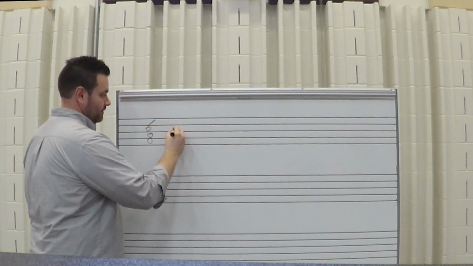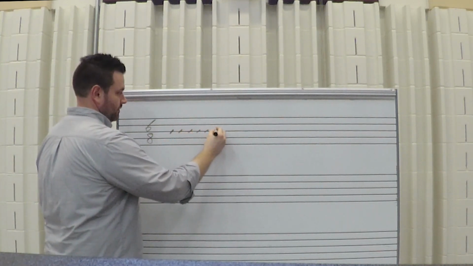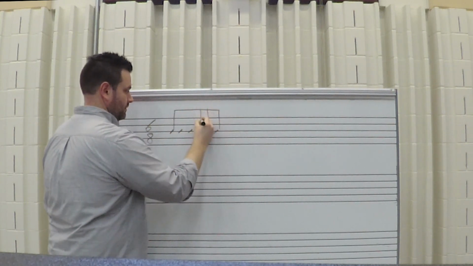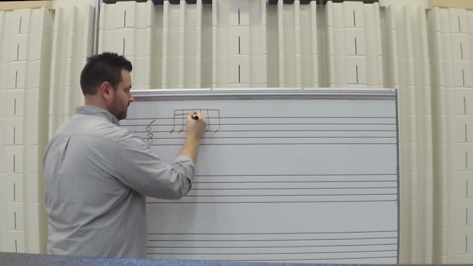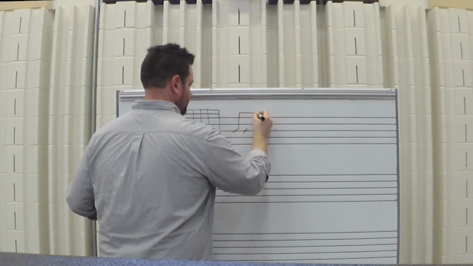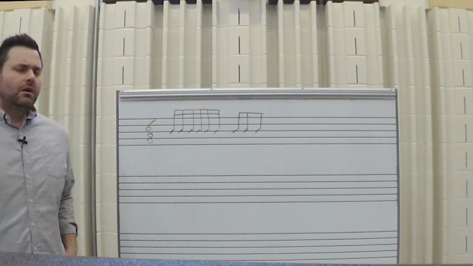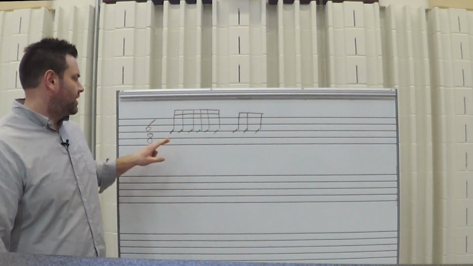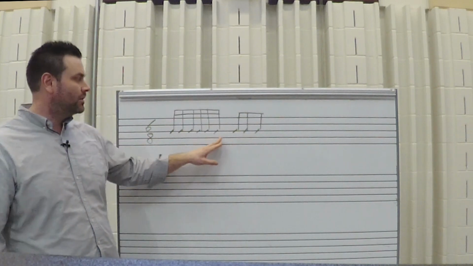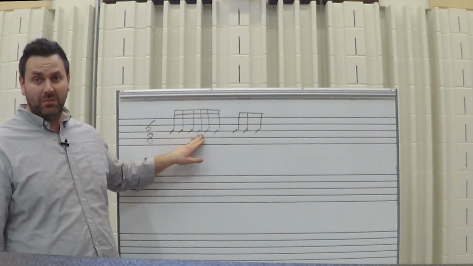Now, let's start using some 16th notes in 6/8. Okay, so just like we group the 8th notes in 3 beats, we also group the 16th notes in 3 beats, right?